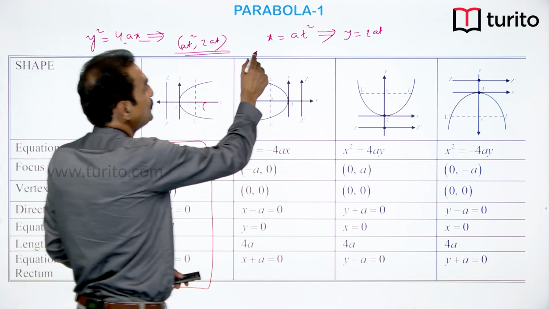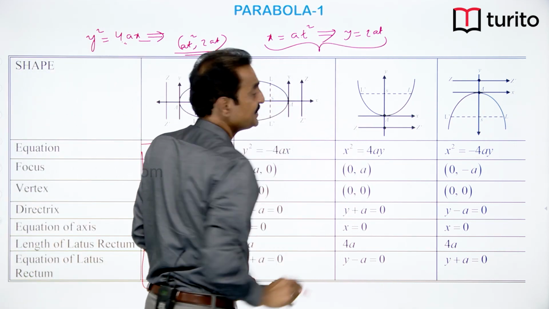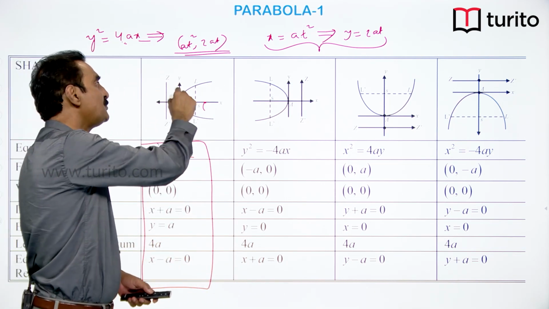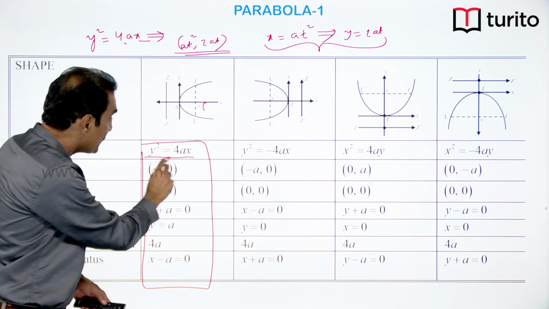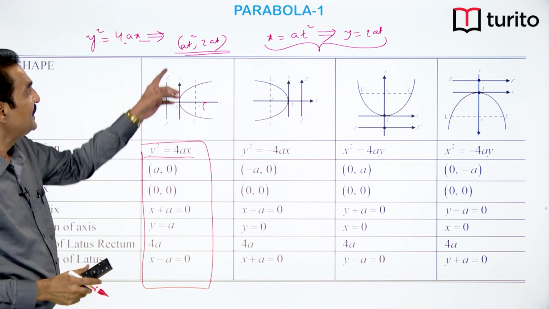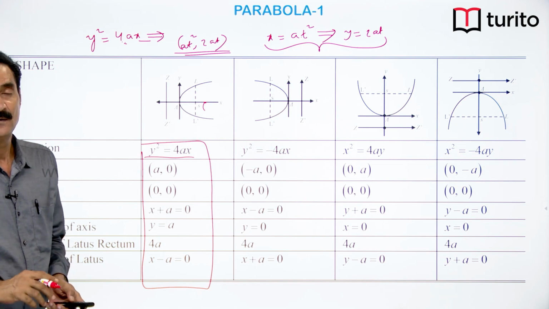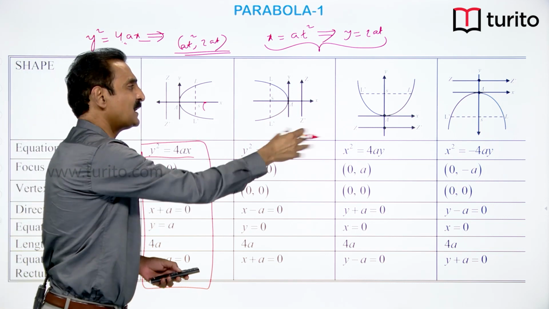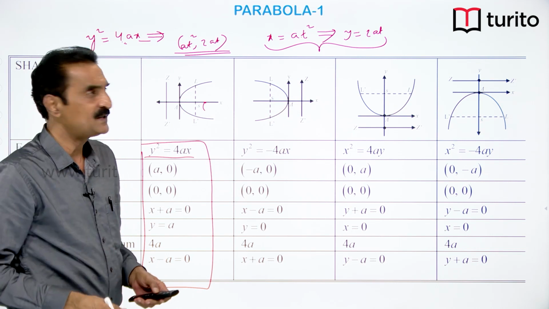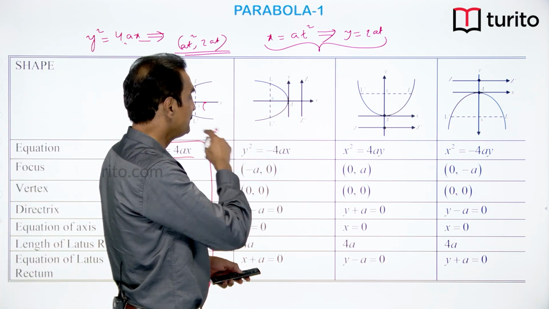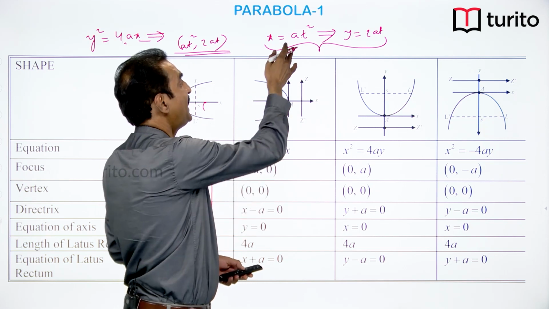So, these two equations are called the parametric equations of this parabola. If you want to take a point on this parabola, you can directly take at square, 2at in proving any result. Actually, we do not use parametric equations of the remaining ones, but if you want, you can take parametric equations of this by replacing a by minus a.